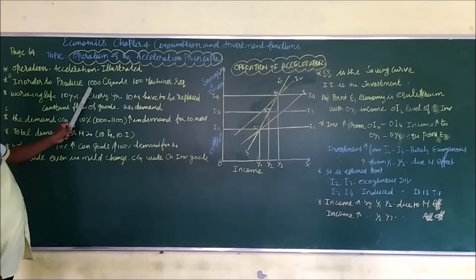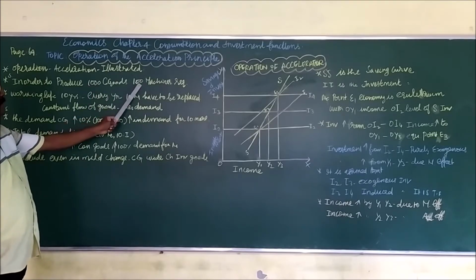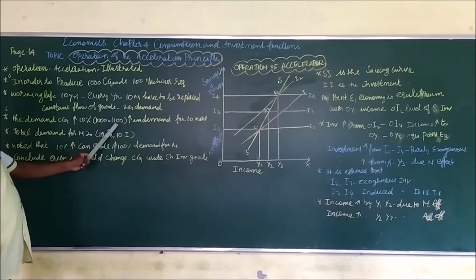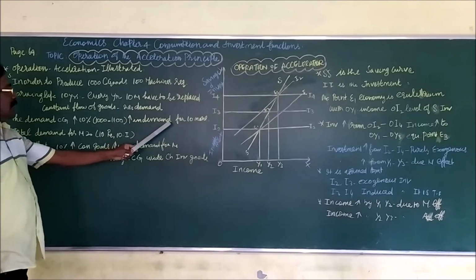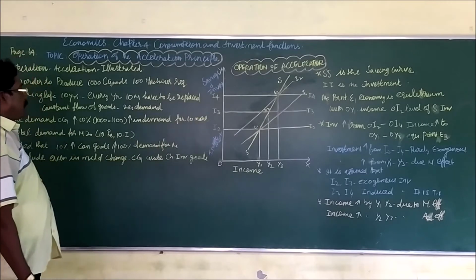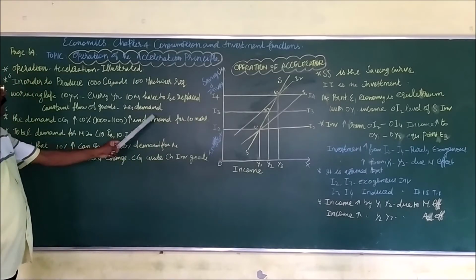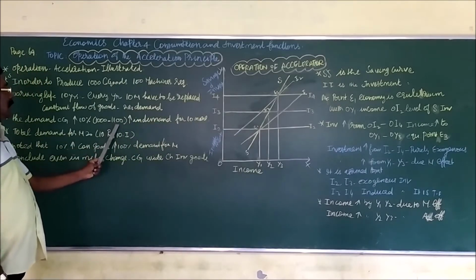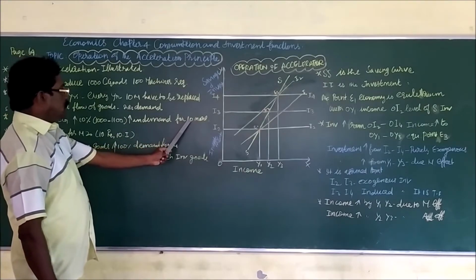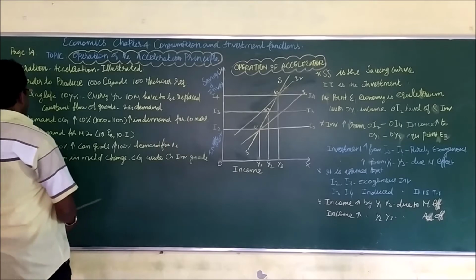For producing 1000 consumer goods, we require 100 machines. Additionally we are producing 100 more consumer goods, so 10 more machines are required. So the additional demand is 100, and the demand for investment goods, that is machinery, is 10.